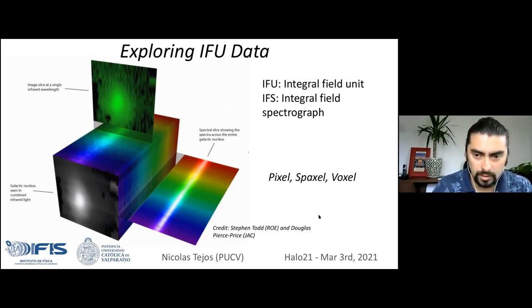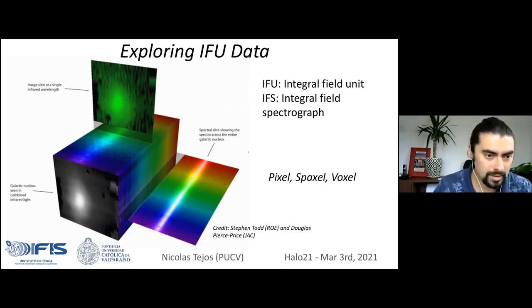Sometimes there are references to pixel, spaxel, and voxel. This terminology is a convention. When we usually refer to pixels, it's about an image, only an image with two dimensions. So an element of that image is a pixel.